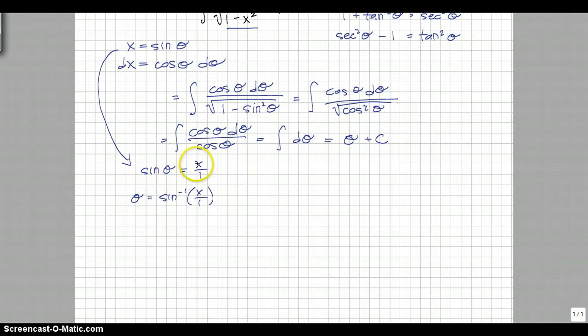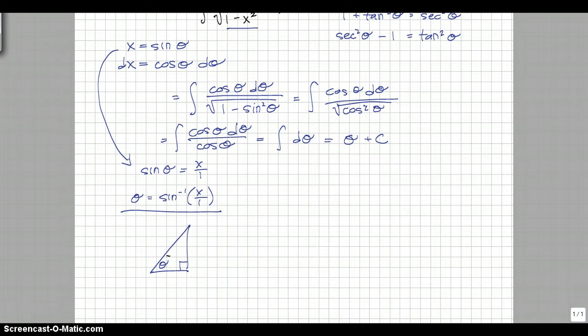The reason that we made x into a fraction x over 1 is because oftentimes we'll want to use this equation to build a triangle. And having an inverse trig function of a ratio lets us build a triangle for the chosen angle. We don't really know what shape this triangle is going to have, except that it's going to be a right triangle, and one of its angles has the measure theta.